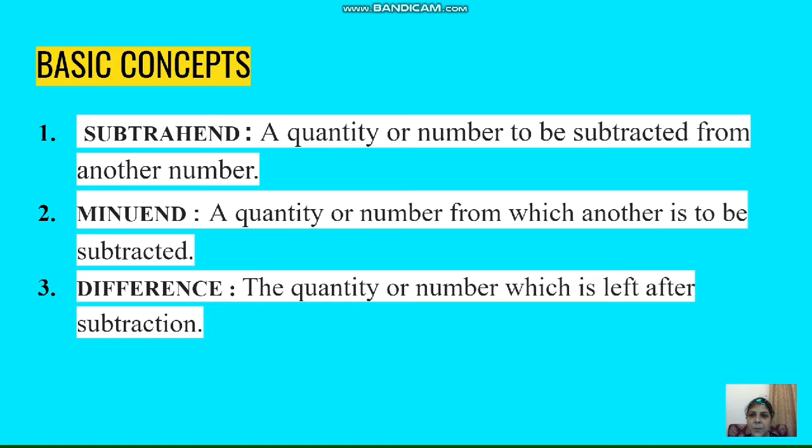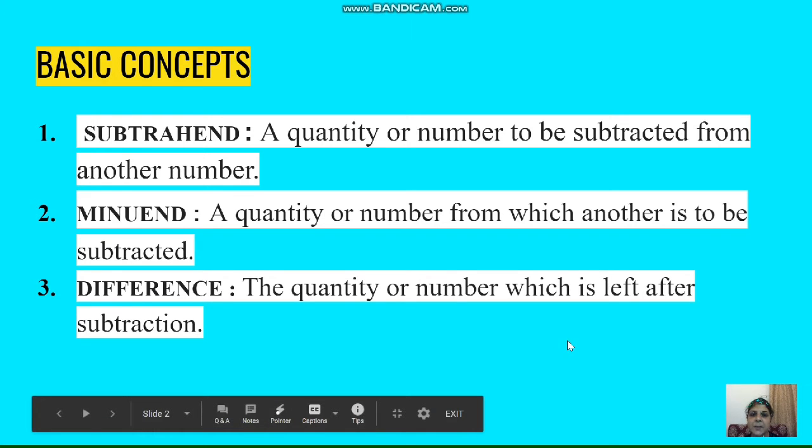So from the minuend we will be subtracting what? Subtrahend in order to get your answer. The answer would be difference. That is your third term, the quantity or number which is left after subtraction. So now the three basic terms are subtrahend, minuend and difference.